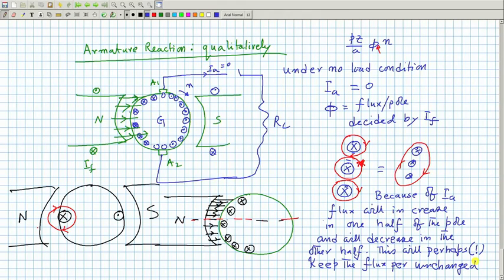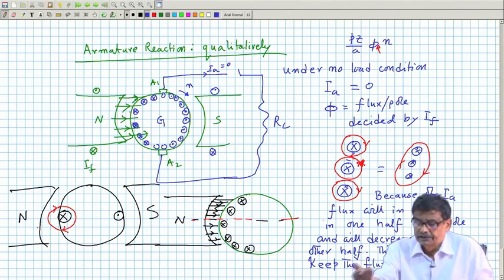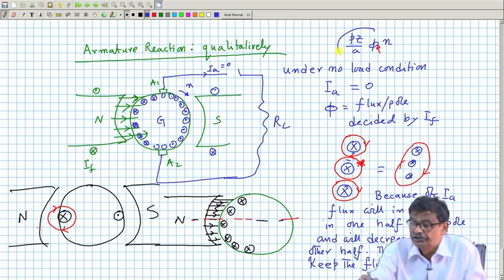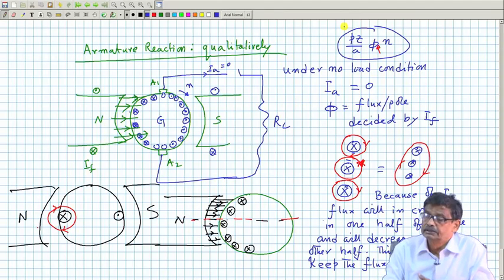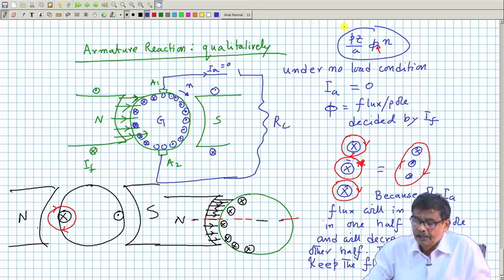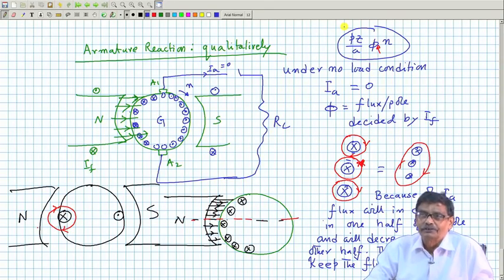In no load armature current is 0, draw the rated current, then the argument may be like this: flux per pole in one half increases, other half decreases. It is the flux per pole which decides the generated voltage, that then will perhaps remain same. If that would have been the case, life would have been much easier. That argument is nice, but it has only got one thing we are not considering.